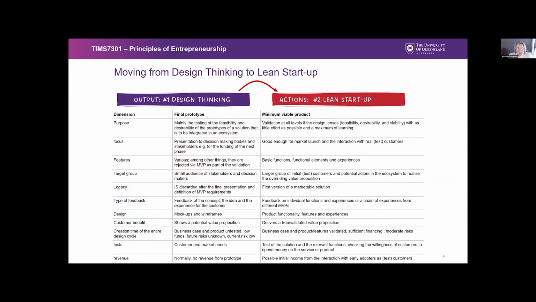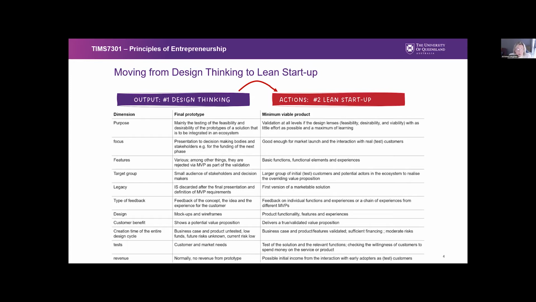So as noted, we're now moving from the design thinking aspect of the course into the lean startup part. And there's a few little differences in moving from the design part. You'll see here the comparison across a number of different areas of design versus lean startup.